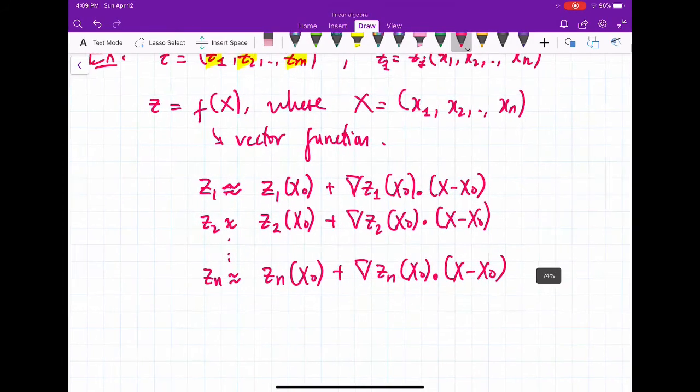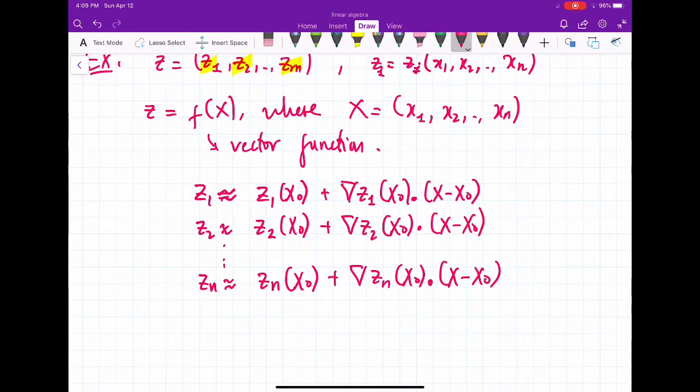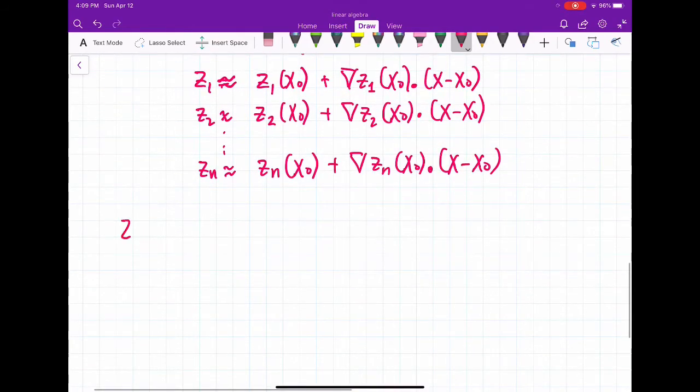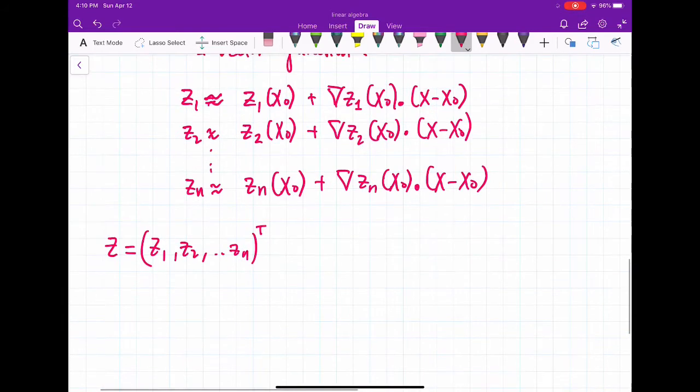Okay, so if you write all these functions in vector form, you have the following. Actually, z is equal to z1, z2, and so on to zn. Let me write it in the transpose form so that it is easier to write.